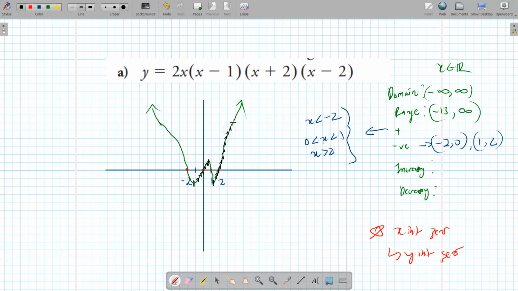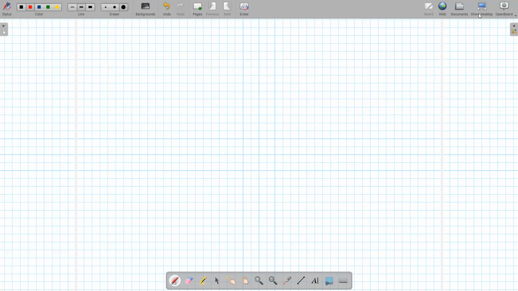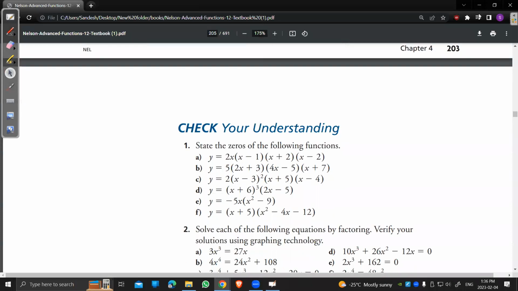So that would be the increase. We don't know what the x values are, but that's the increasing interval. And the decreasing interval is from here to this point here, it's decreasing. And then again, from here to here, it's decreasing, you see? So that's how you would graph this function. It's not that bad, right?